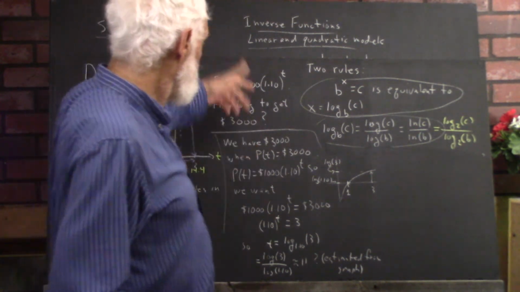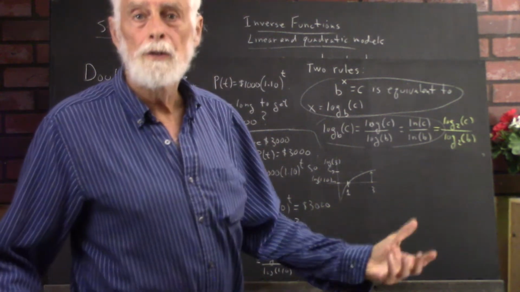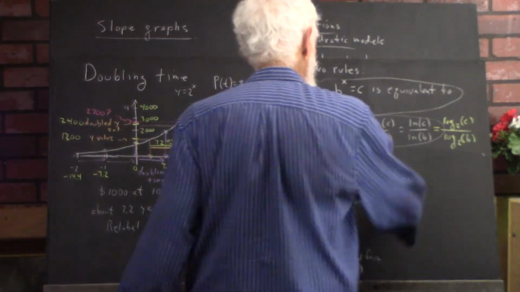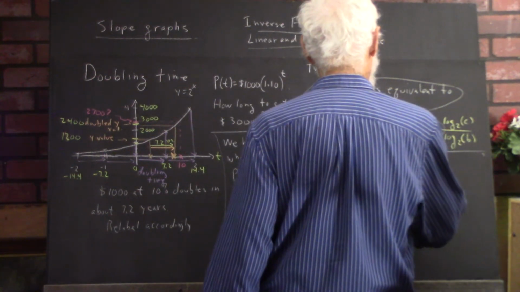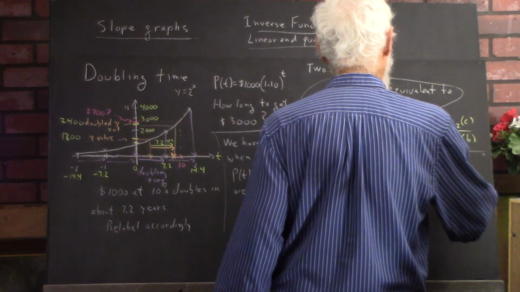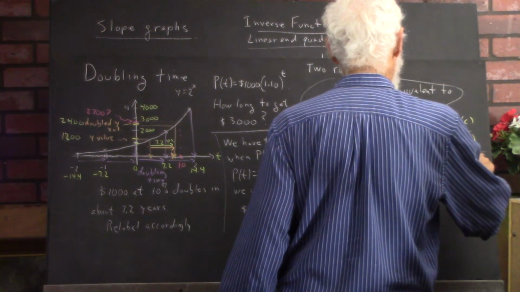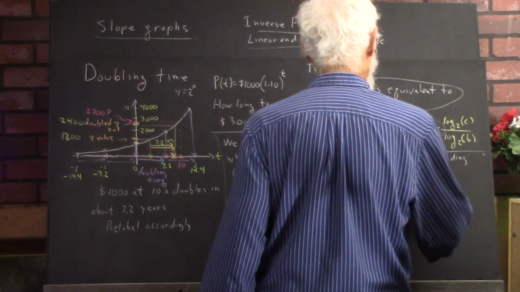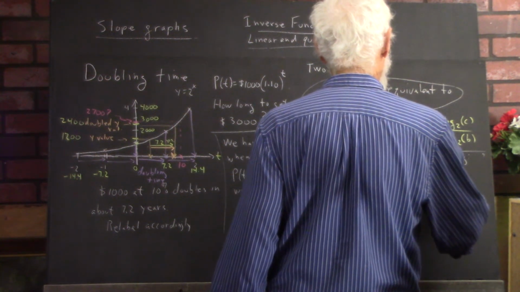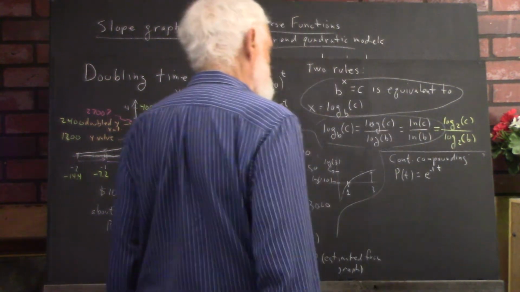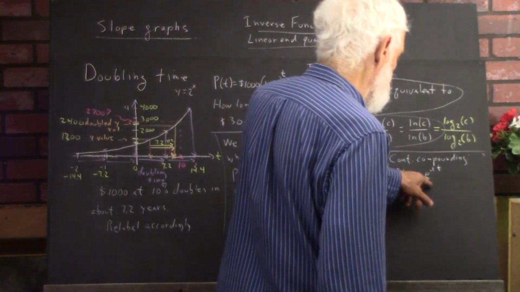Now, we could also solve this if we assume continuous compounding. P of t is going to equal e to the 0.1 t, 0.1 being your interest rate, e to the rt.